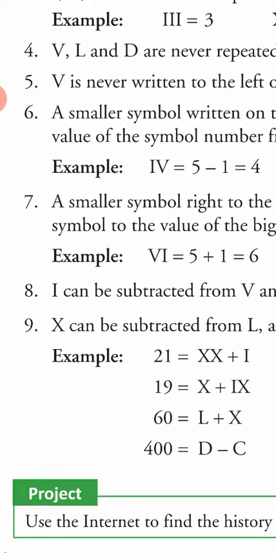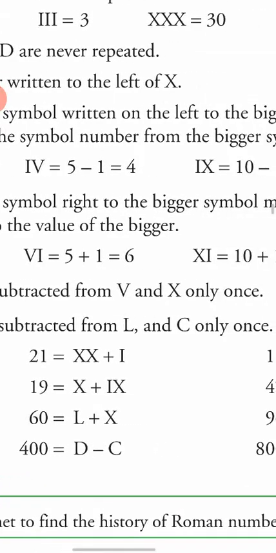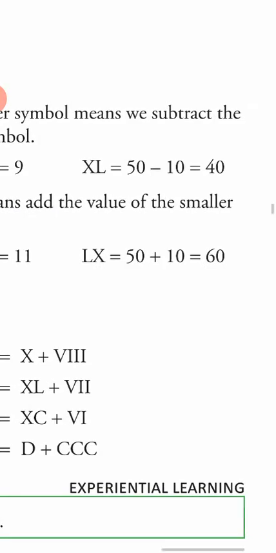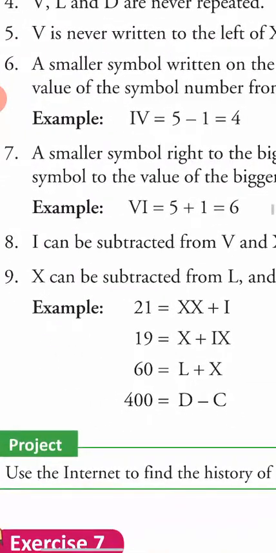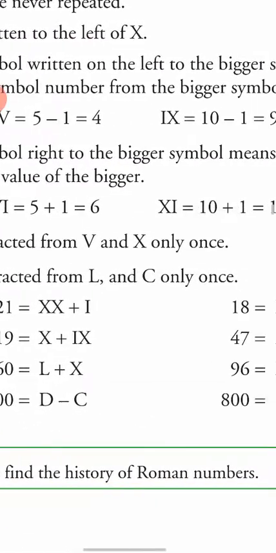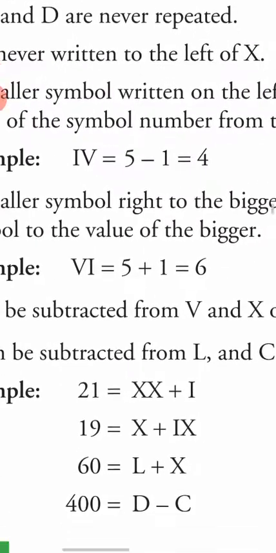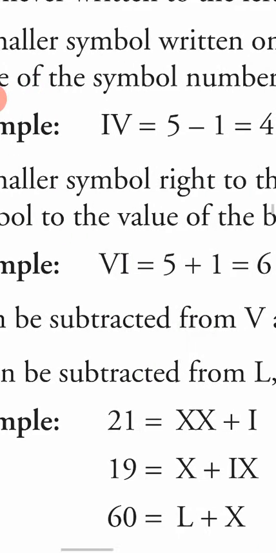And the sixth rule, a smaller symbol written to the left of the bigger symbol means we subtract the value of the smaller symbol from the bigger symbol. Like here you can understand this with this example. We have 4 written in Roman numerals as I and V. The smaller symbol is I, to the left of the bigger one.